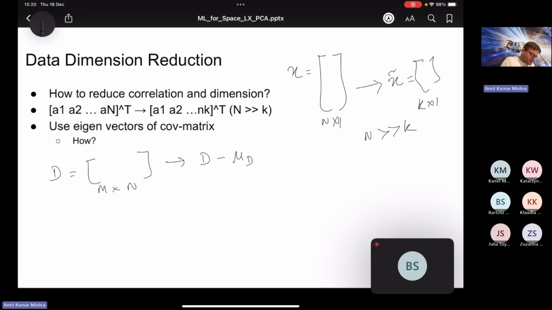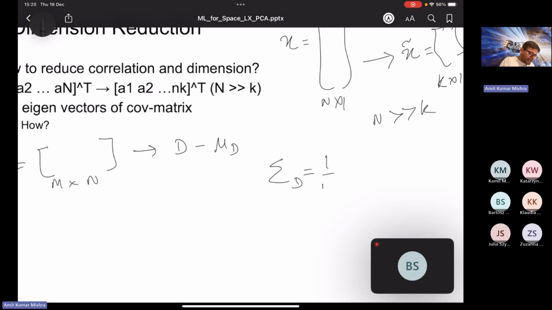So what is the covariance matrix of D equal to? Here the dimension is m, right? So it will be 1 by n minus 1, times (D minus mu D) times (D minus mu D) transpose.